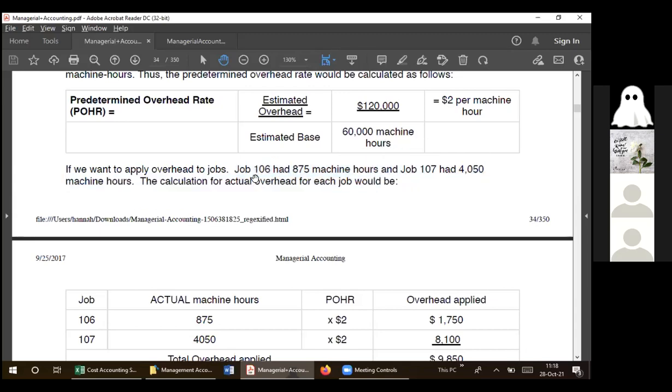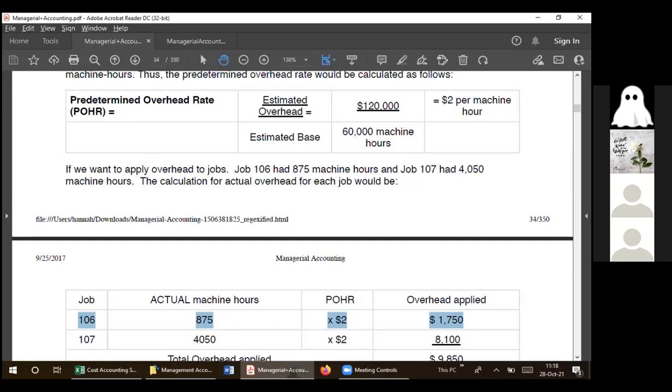So then that gives us the cost of overhead for the 1,000 t-shirts. All we have to do is 875 machine hours multiplied by 2 will be the answer for how much machinery overhead will be spent on producing 1,000 t-shirts. So here it says job 106. You are running the machinery for 875 hours. The predetermined overhead rate for machinery is $2 per hour.